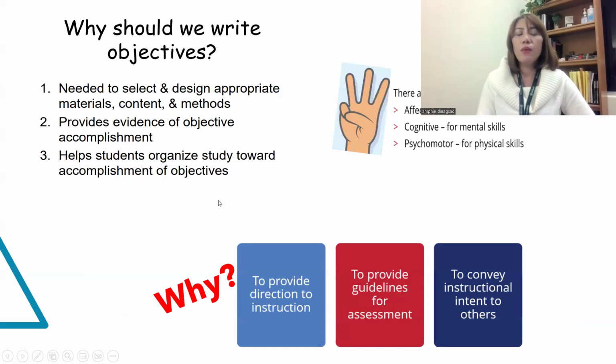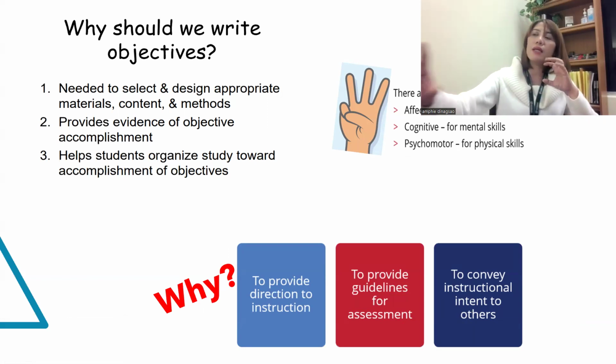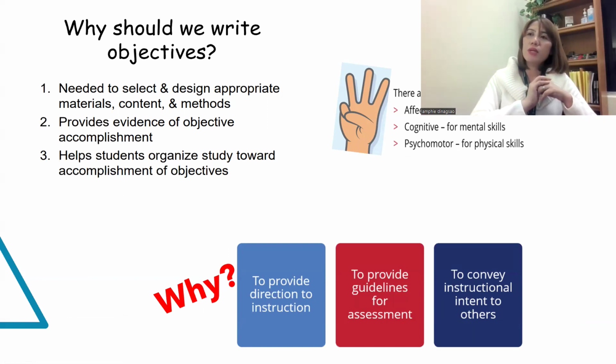Okay, so again, why should we write objectives? It is because we want to design appropriate material. You have to begin with what will be the end. So you should be able to determine what the students will be able to do at the end of the lesson, at the end of the session, at the end of the unit.